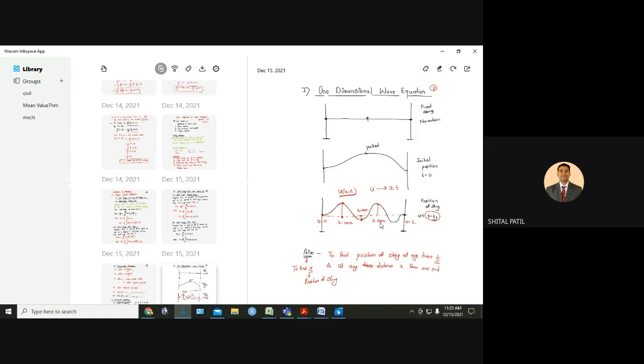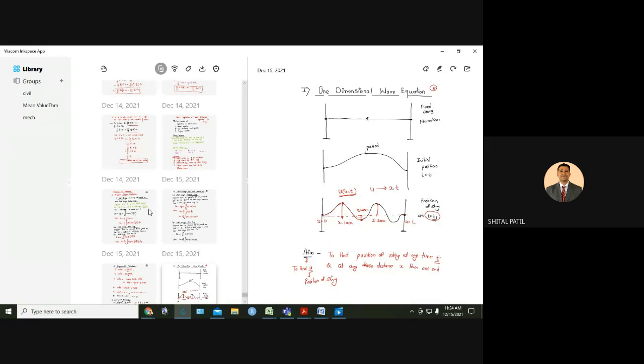Then this is the position of the string at any time t equal to t1. Our aim is to find the deflection of the string, u of x,t. So u is the dependent variable and it depends upon two independent variables, x and t. x is the displacement distance, and t is the time.